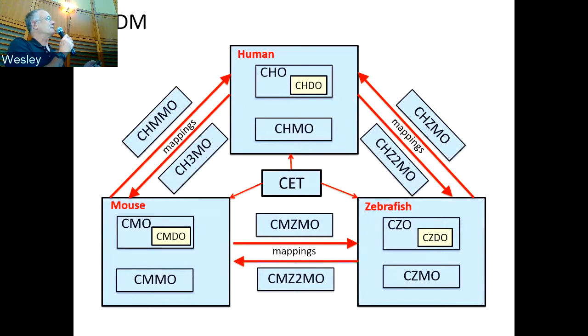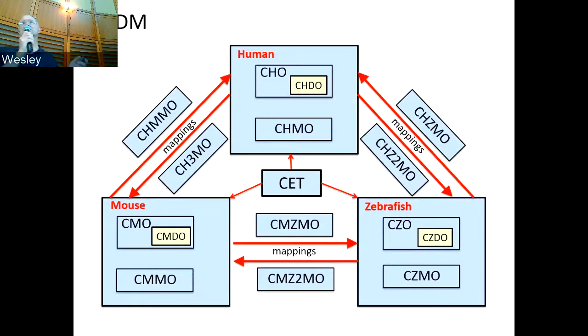For the human, we have the craniofacial human ontology, which also has a developmental ontology component. This is extracted from our Foundational Model of Anatomy, which is becoming a reference standard for human anatomy. Also, we have a malformations ontology. And then we have the same kind of thing, modeled after this framework, for the zebrafish and the mouse. And then we have mappings between these different terms and these different ontologies.